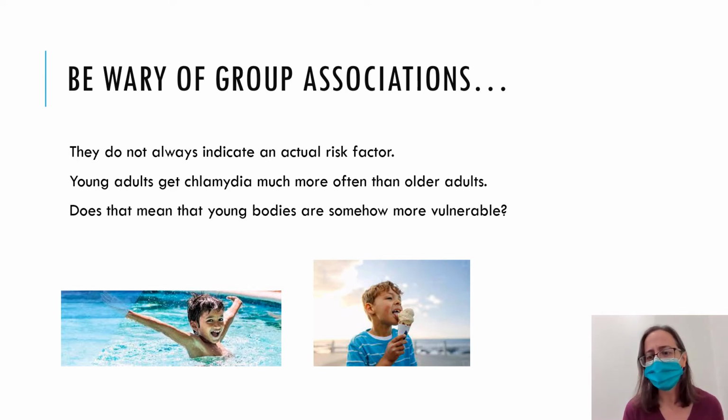Well, no, actually, there's another confounding variable there, which is that in both of those places, it tends to be warmer, right? So people eat more ice cream where the climate is warmer, and where the climate is warmer, people are more likely to go swimming. And the more you go swimming, the more likely you are to potentially drown. So we need to be wary of group associations. They can be a hint or a clue, but they don't always pan out.